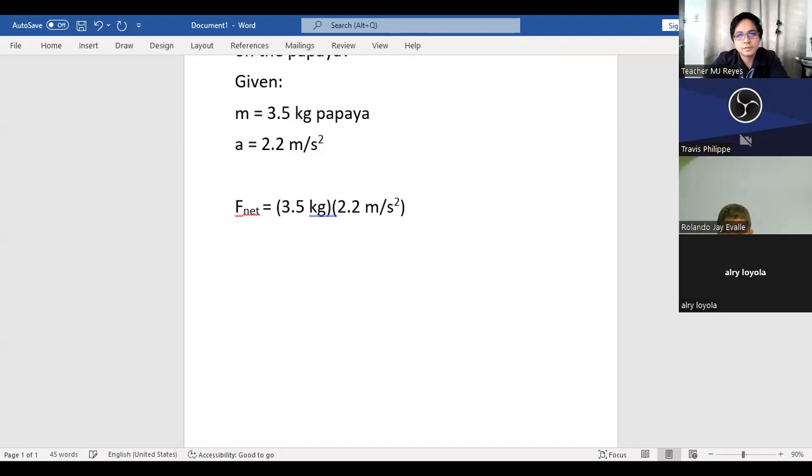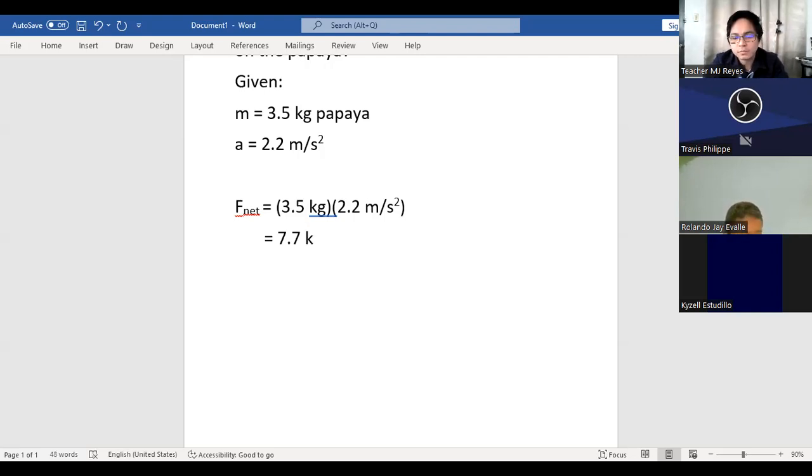It's equal to, what should be done next? Multiply them. Okay, multiply. So what is the result? 7.7. 7.7 meters per second.